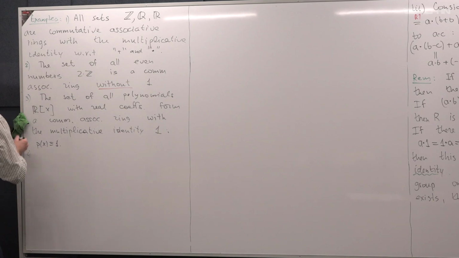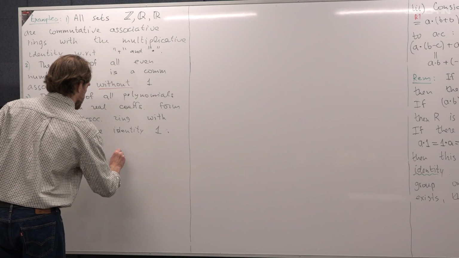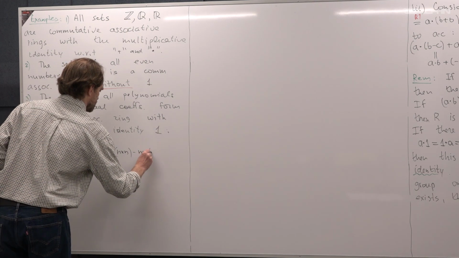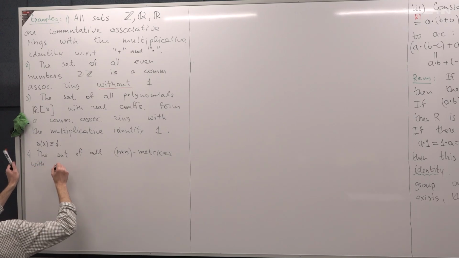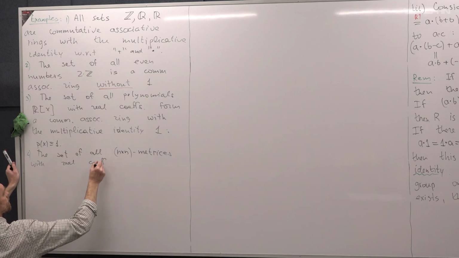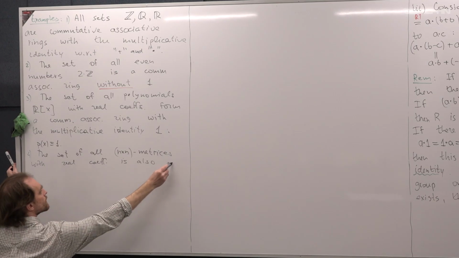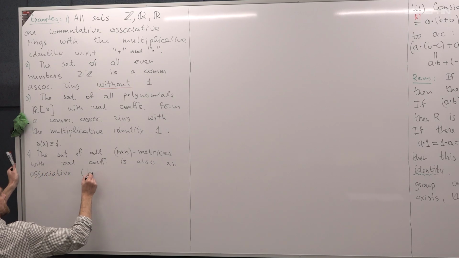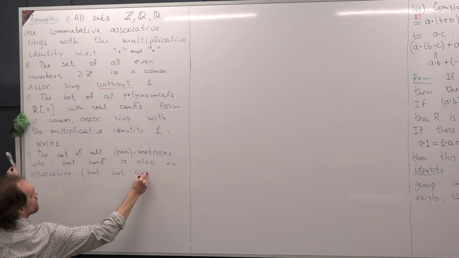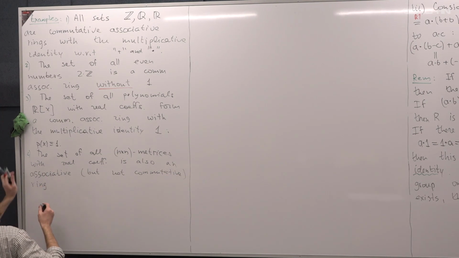Then another example, the set of all n by n matrices with real coefficients is also an associative but not commutative ring.